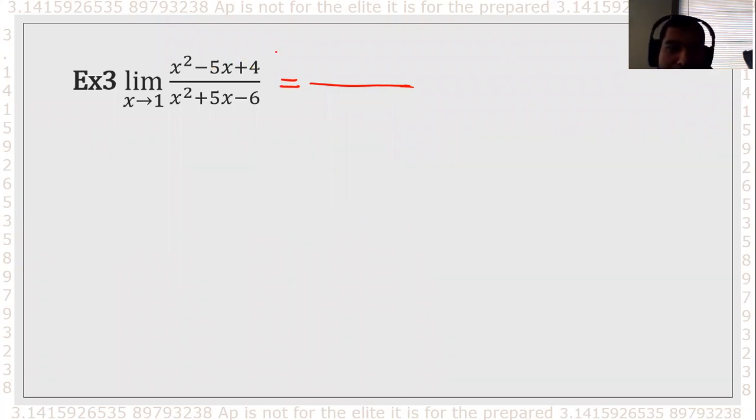So we think about two numbers that multiply to 4 and add to -5x. Two numbers that multiply to 4 and add up to -5. I'll give you a couple of seconds.